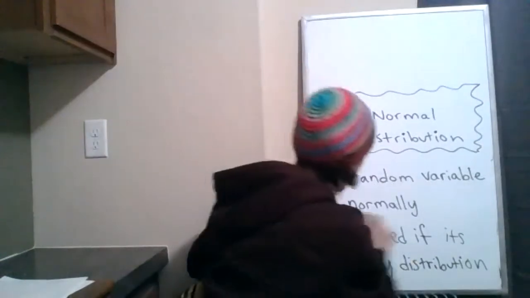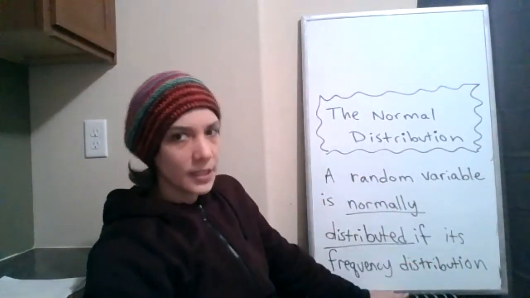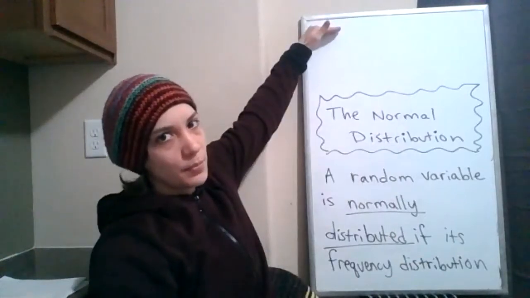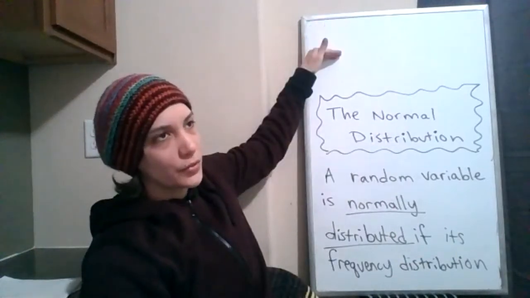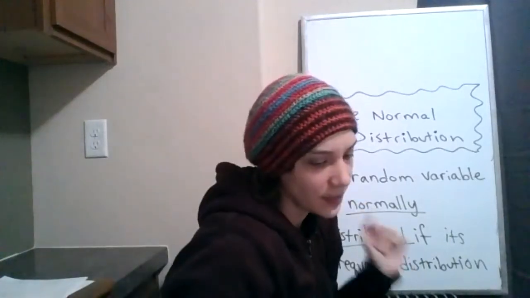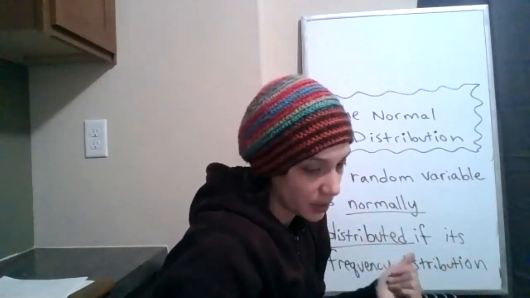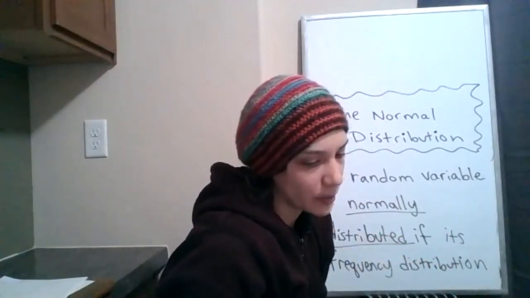A random variable is normally distributed if its frequency histogram distribution has the shape of a normal curve.